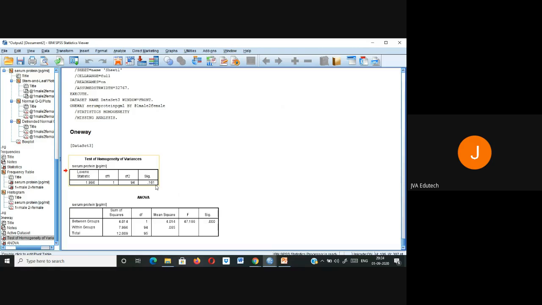In this case also, the null hypothesis is that there is no homogeneity in the variances, and the alternative is that there is homogeneity in the variances. By seeing this you will come to know that the null hypothesis is accepted, which means there is homogeneity in the variances.